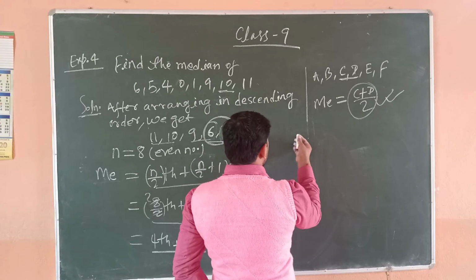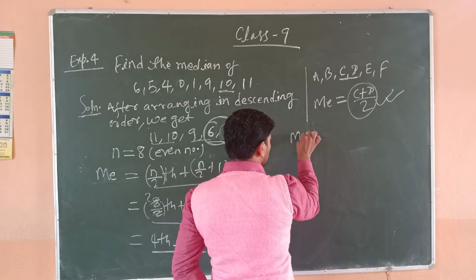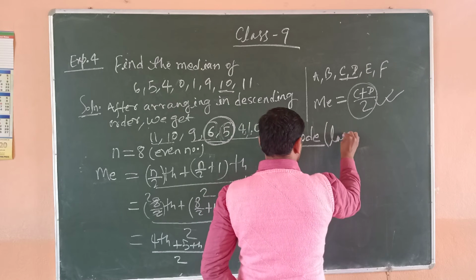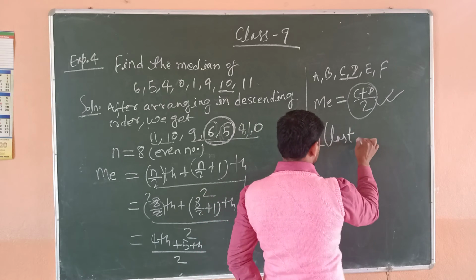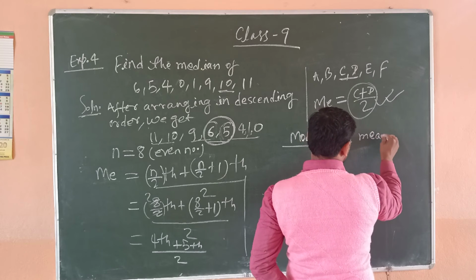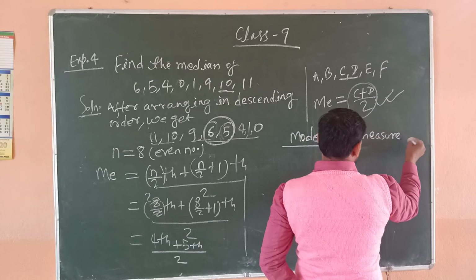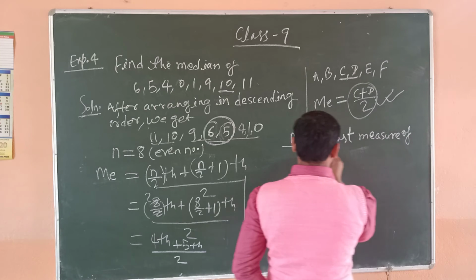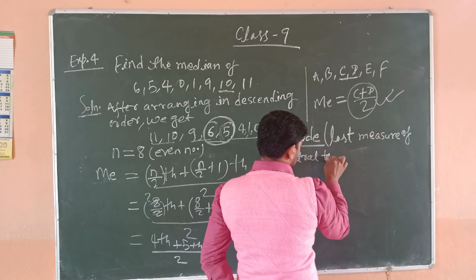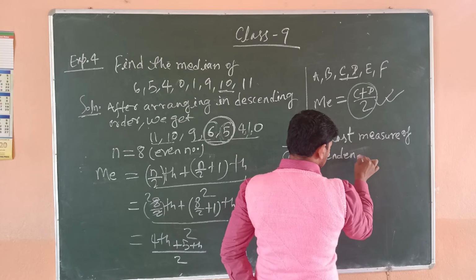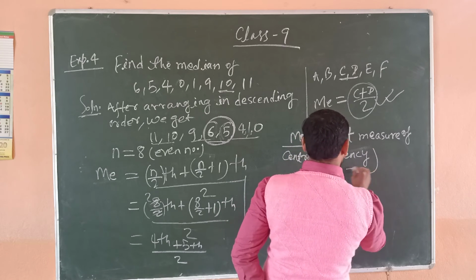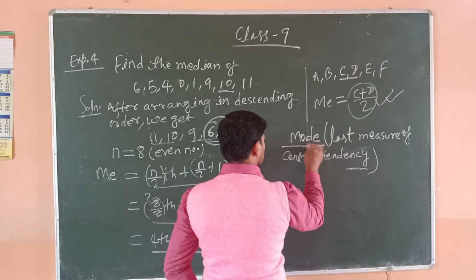And the last measure of central tendency is mode. It is the last, or you can say the third, measure of central tendency.